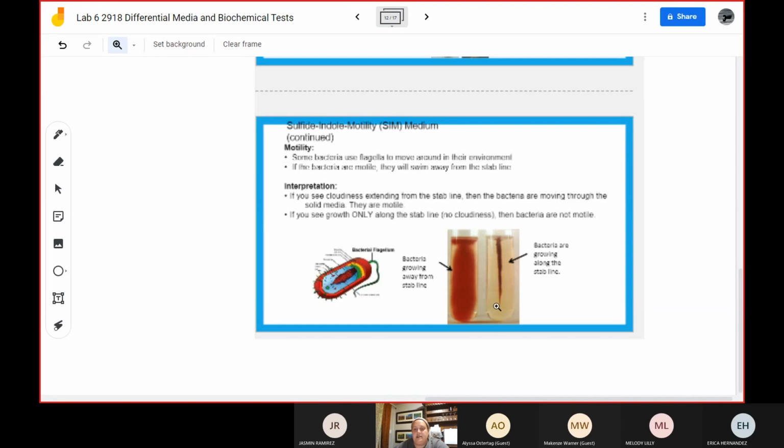If the bacteria stays and grows along that stab line, it means that the bacteria can't swim. If it goes out into the media and becomes kind of cloudy, it means the bacteria is able to move and disperses into the media. So this would be positive for motility. This would be negative for motility.